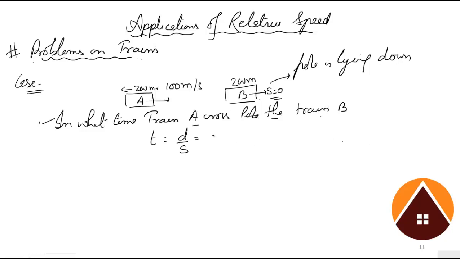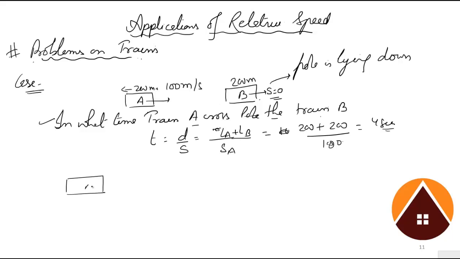And again here the distance is nothing but length of the train A plus length of the train B divided by the speed of the train A. So the length of the train A is 200, for B is another 200 divided by the speed of A is again 100. So I write 4 seconds. You can see that this train A has to cross its tail as well as its head.